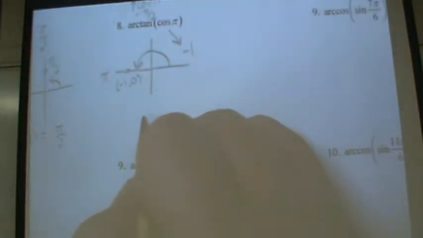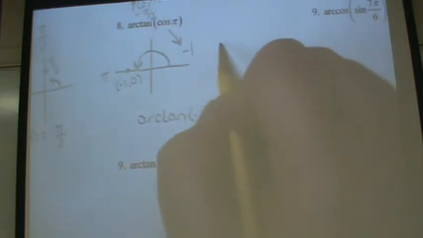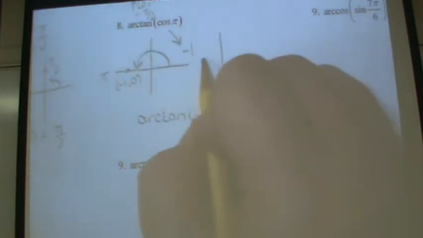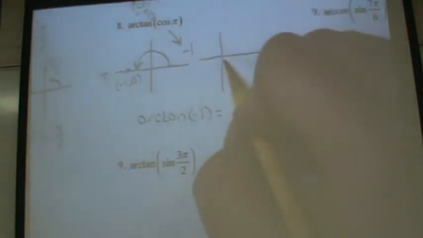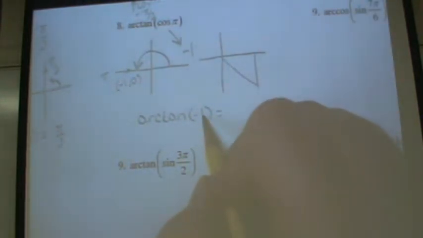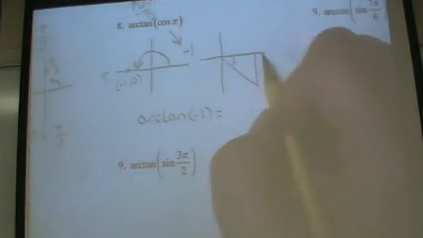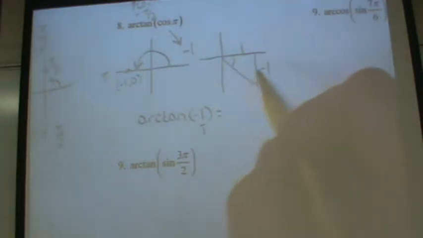So we want to take the arctan of -1. So we're going to draw another triangle. What quadrant are we in if we're taking the arctan of -1? 4. We're in 4. Remember that this is opposite over adjacent. We can put that over an imaginary 1. So what angle is that? Negative pi over 4.